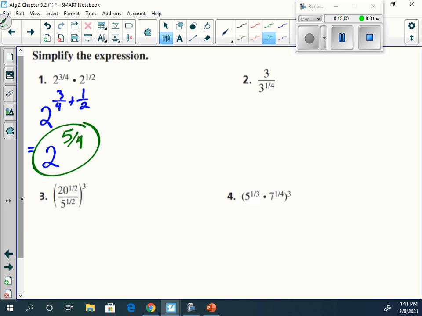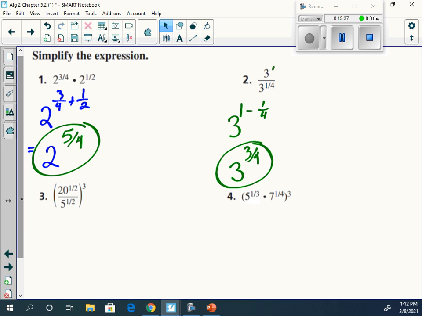Now, number 2, they're going to subtract the exponents. So we're going to have 1 minus 1/4. And again, at this point here, we can't type everything into the calculator, but we can type the exponents. 1 minus 1/4 into the calculator, it would do that, which will tell us that it is 3/4.